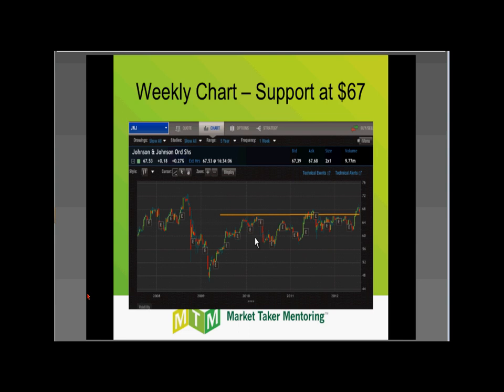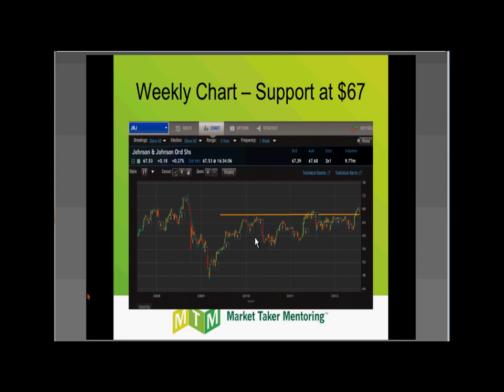All right. Johnson & Johnson. Look at this. I start with the weekly chart. These are weekly candles, and I've got resistance at about $67 a share. $67 a share is a pretty significant area on this chart.